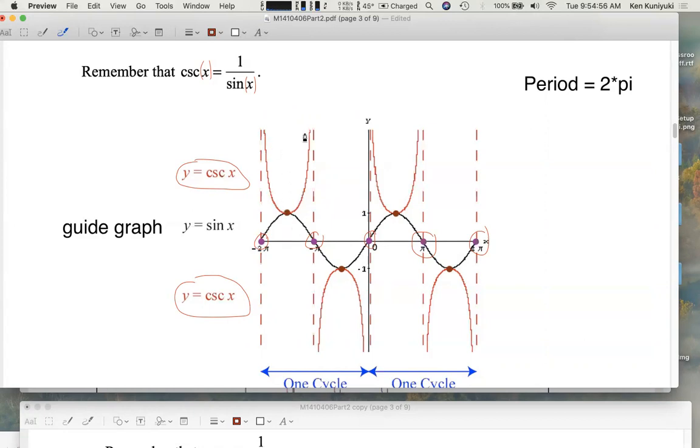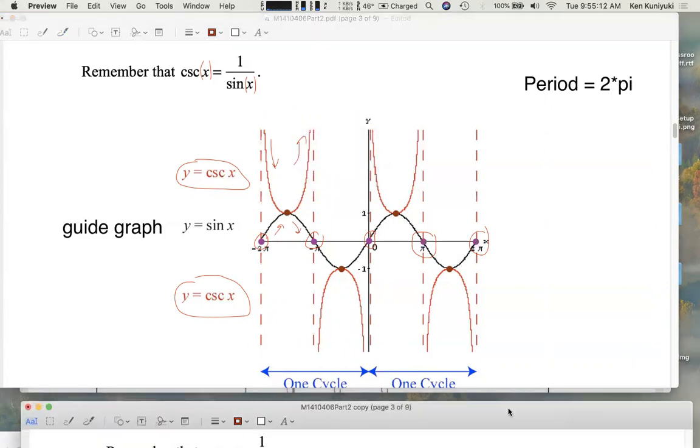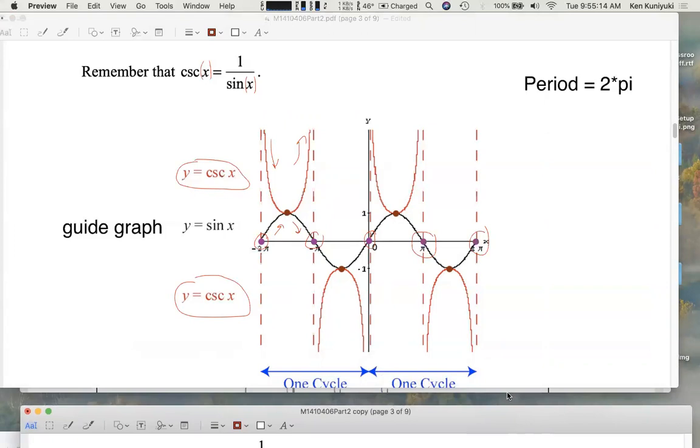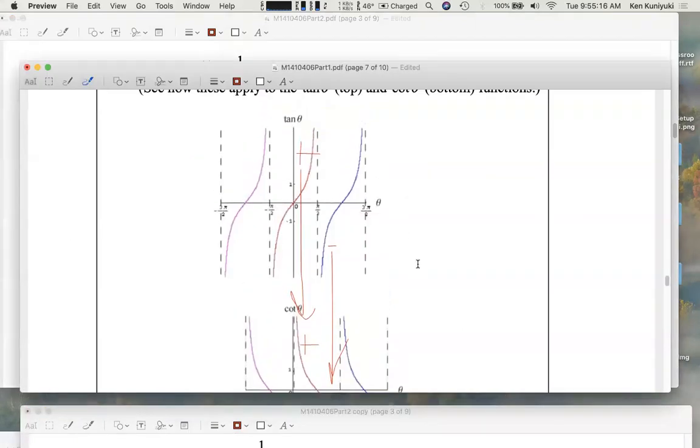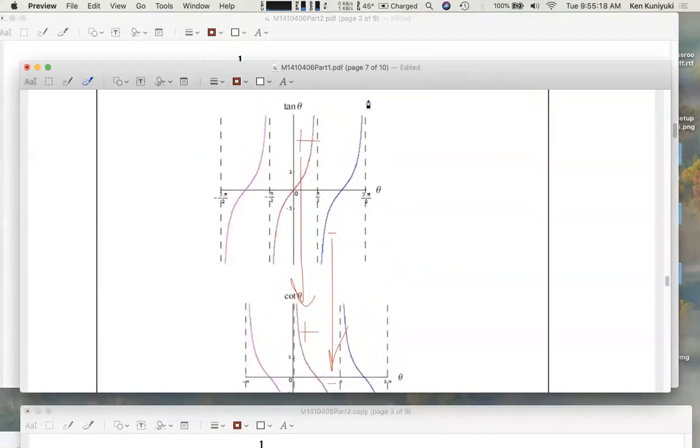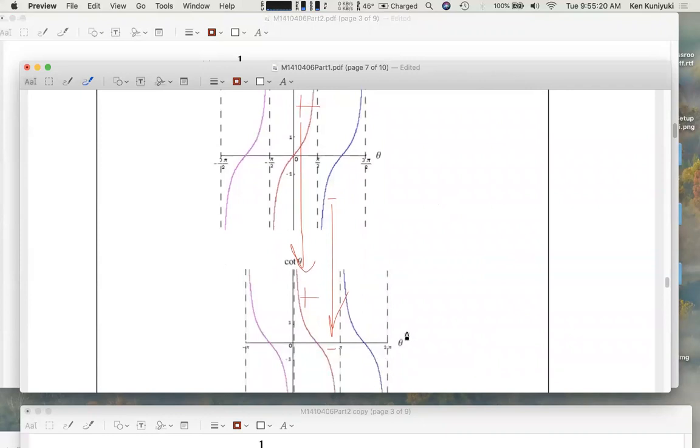Why do we have an up-U shape? Because when sine increases, its reciprocal function cosecant decreases. When sine decreases, its reciprocal function cosecant increases. They go in different directions. That was similar to what we saw with tangent and cotangent. Tangent had rising snakes, cotangent had falling snakes.